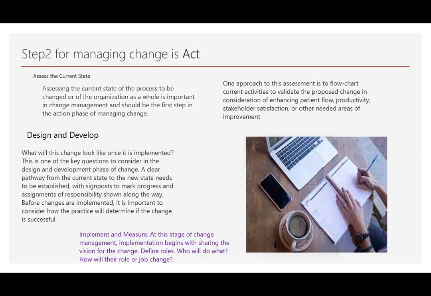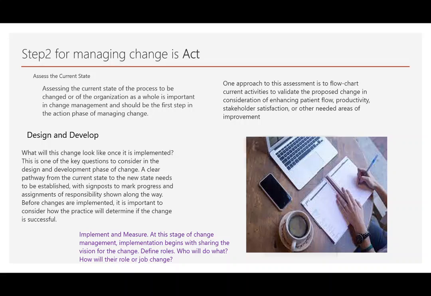Step 2 for managing change is act. Assess current state. Assessing the current state of the process to be changed or of the organization as a whole is important in change management and should be the first step in the action phase of managing change.